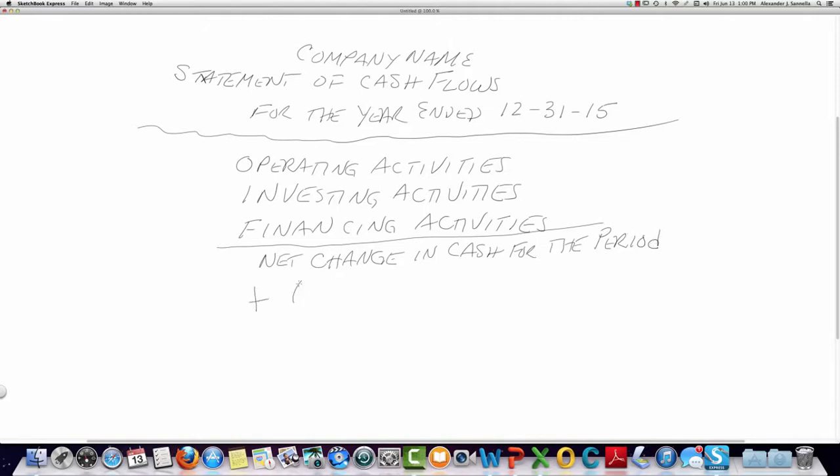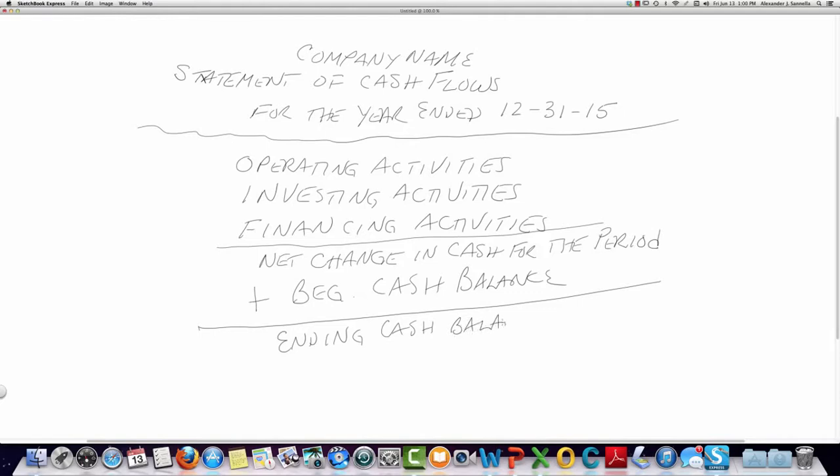If you add the beginning cash balance, you will get the ending cash balance. And that's what I mentioned before, that this is the reconciliation. So not only do you look for sources and uses of cash from these activities, but we also need to reconcile the change or explain the change in cash.